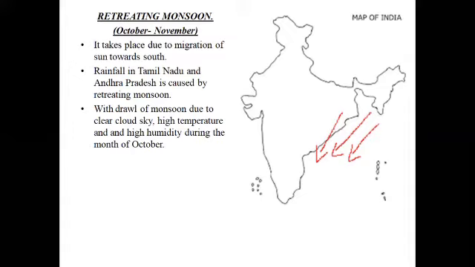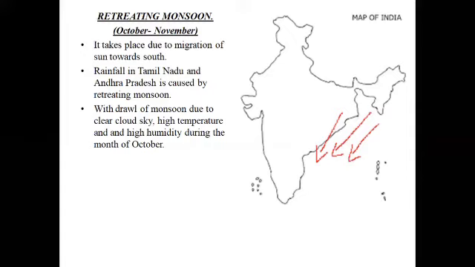Now, the withdrawal of monsoon leads to a cloudless, clear sky, high temperature and high humidity during the month of October. Thus, this sultry and oppressive weather is often referred to as October heat.